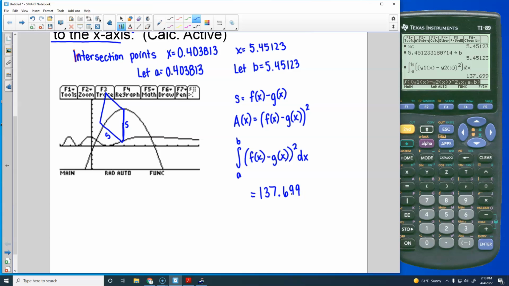This is your volume. So this particular problem didn't give us units, but whatever the units are, it would be this many units cubed. So the enclosed area is the base of a shape. Take infinite little squares. Effectively it makes whatever shape it is, and this is the volume of said solid.